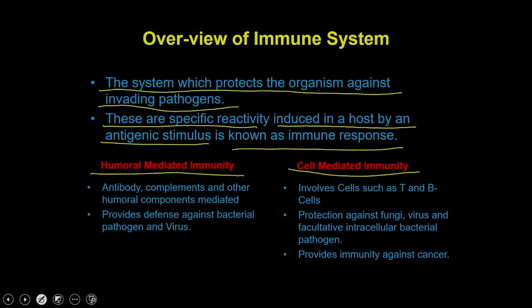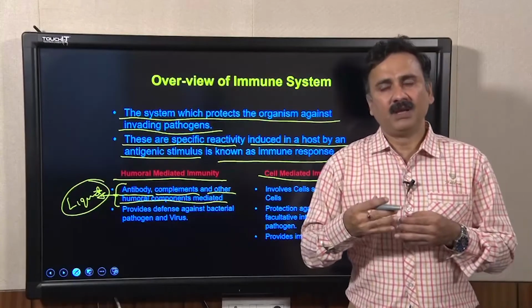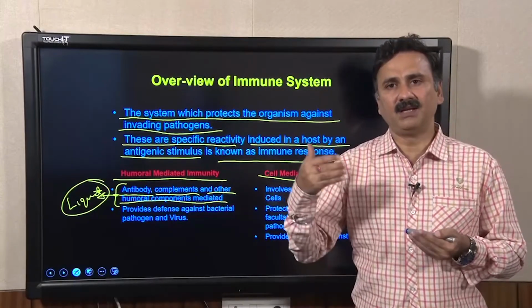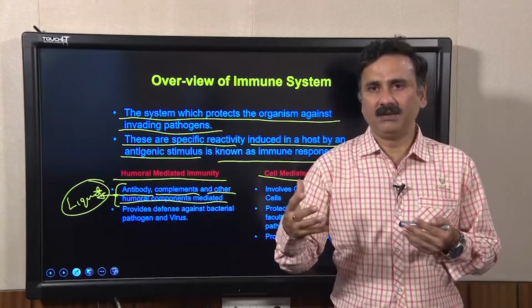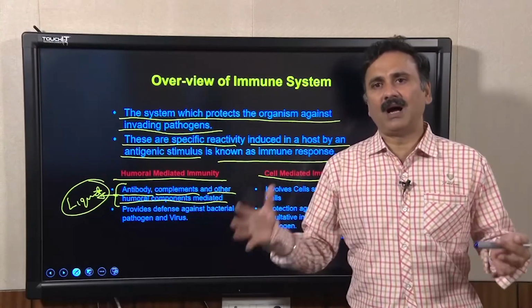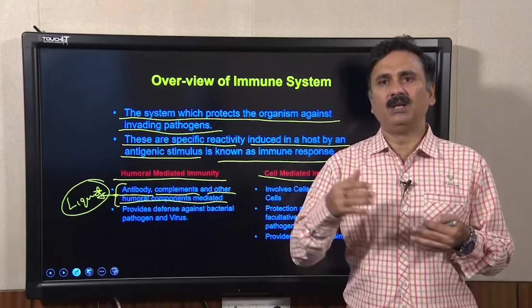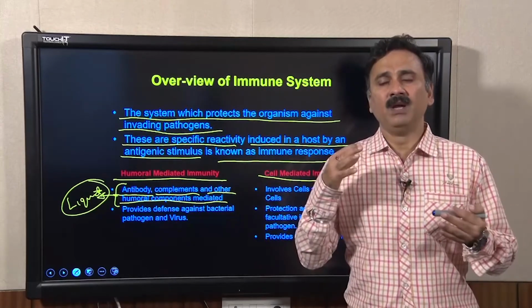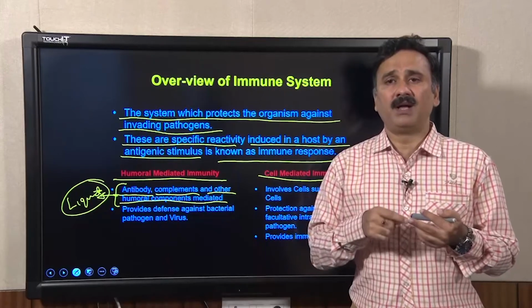In humoral mediated immunity, mainly the antibody, complement and other humoral components mediate this type of immunity, which means all responses mediated by the liquid component. For example, cells secrete cytolytic enzymes, antibodies and complements, and all these circulate within the blood and continuously monitor for foreign organisms.